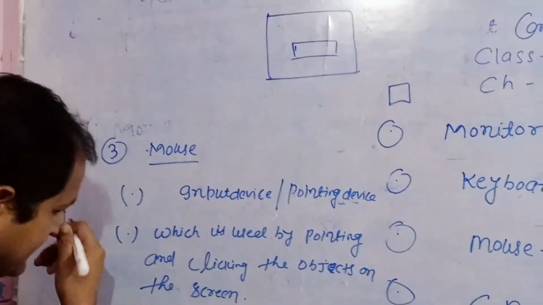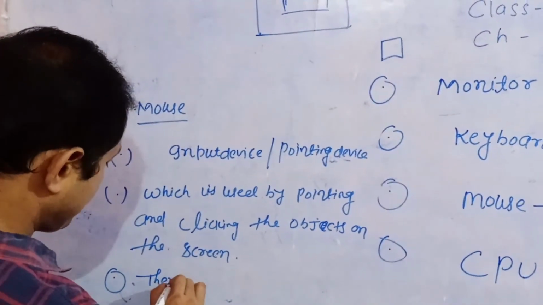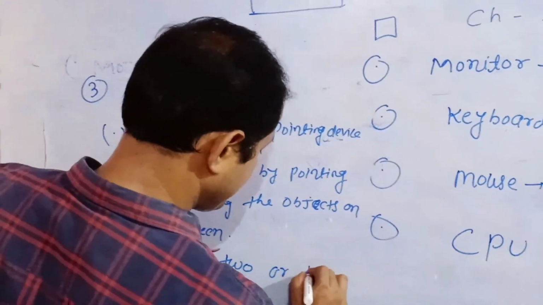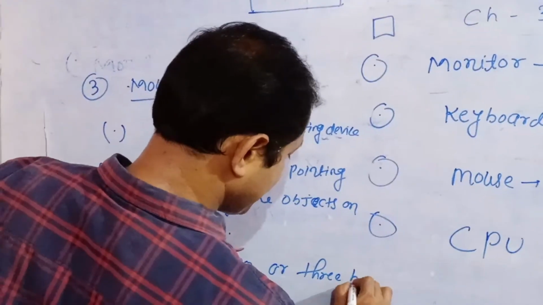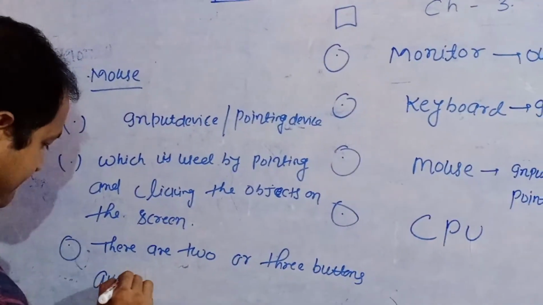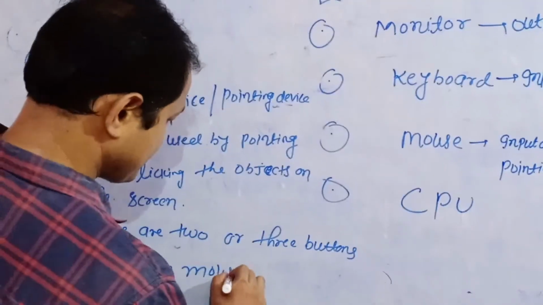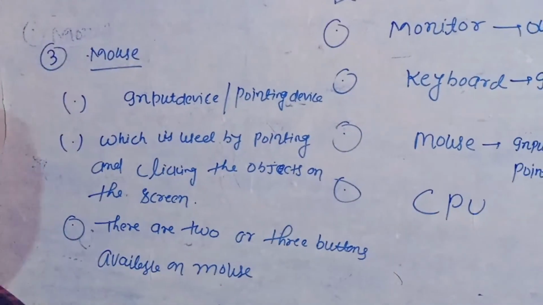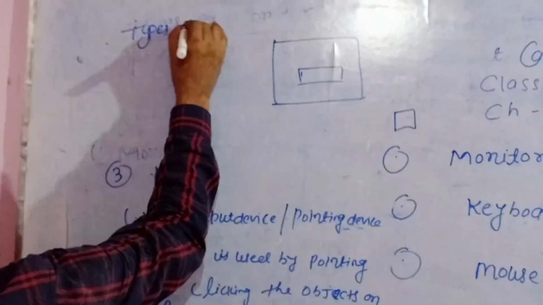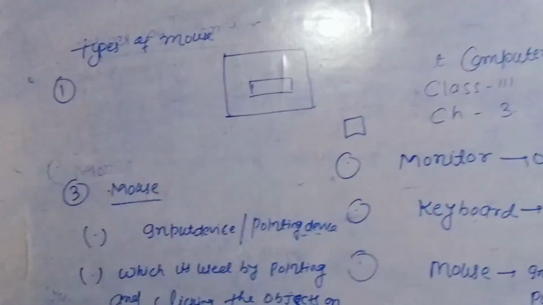There are 2 or 3 buttons available on the mouse. There are 2 types of mouse.